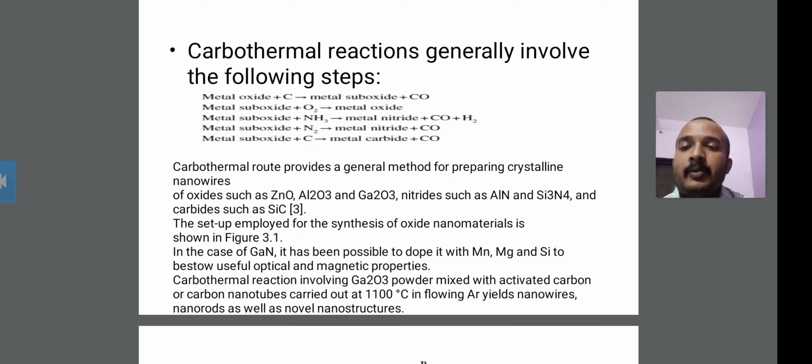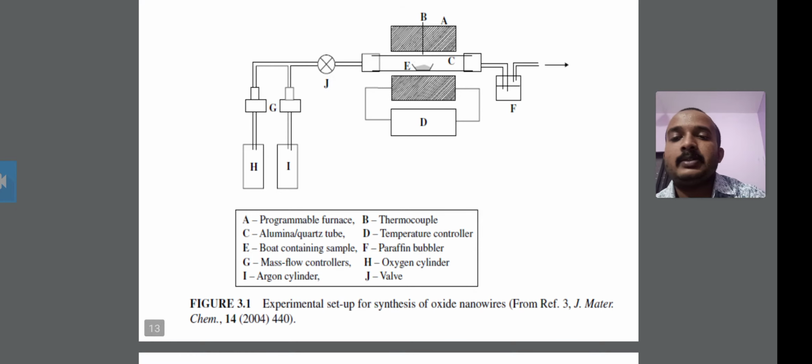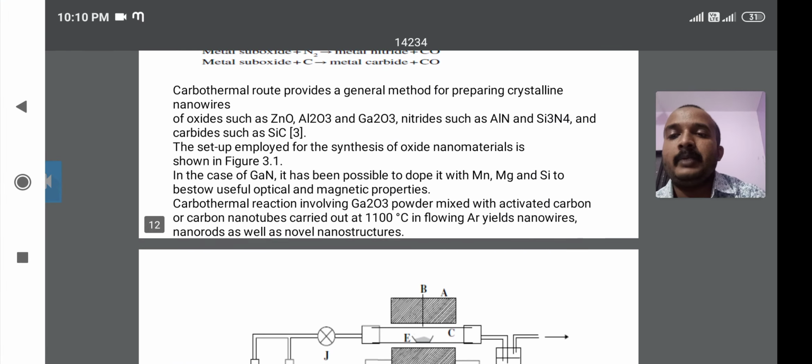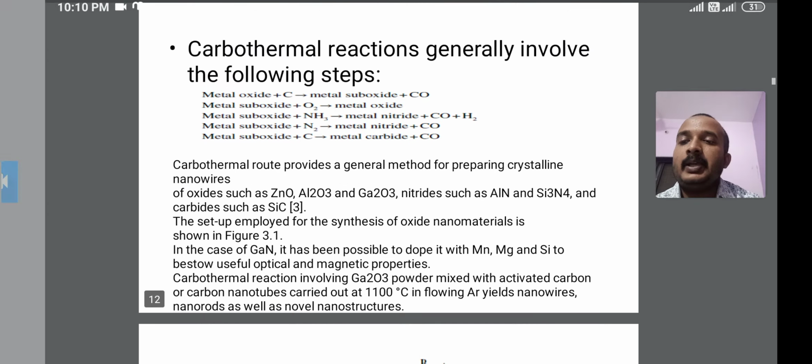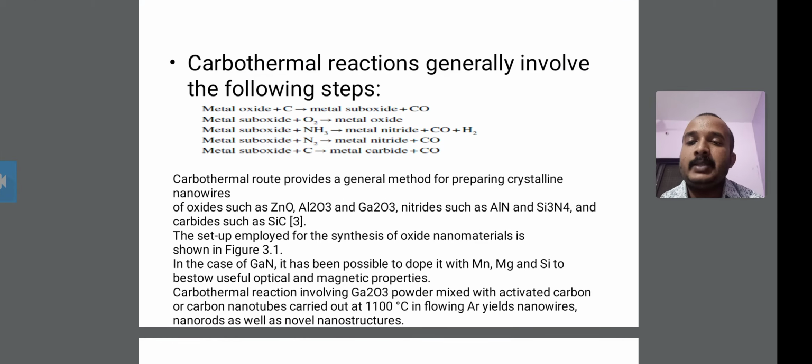This is the setup for the synthesis of oxide nanowires. Thirdly, in the case of gallium nitride, it has been possible to dope it with manganese, magnesium and silicon to bestow useful optical and magnetic properties.